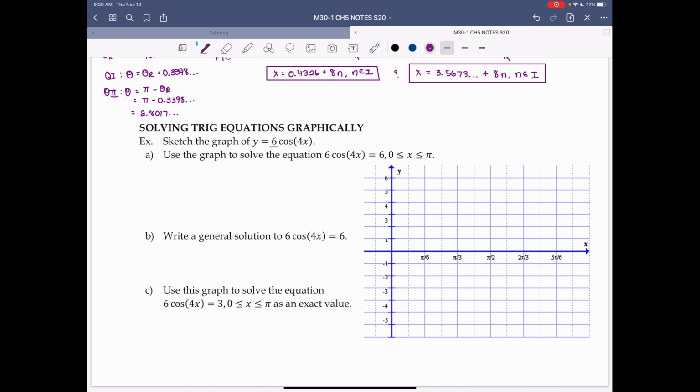So our amplitude equals 6. And since there's no vertical translation, our midline is at the x-axis. So the maximum value would be 6. That's our max, and our min would be -6.